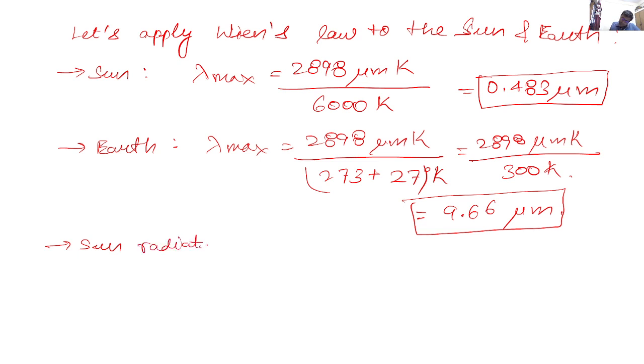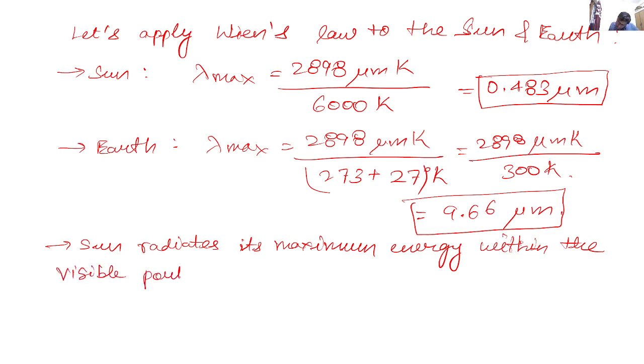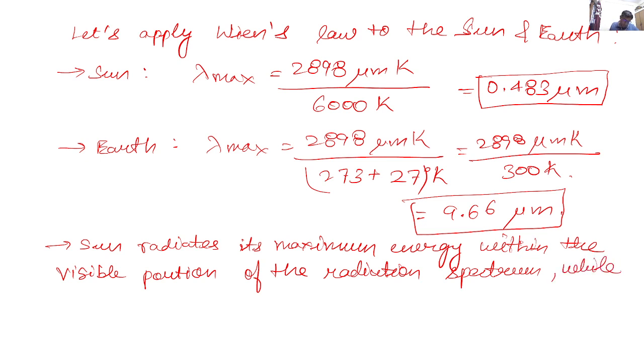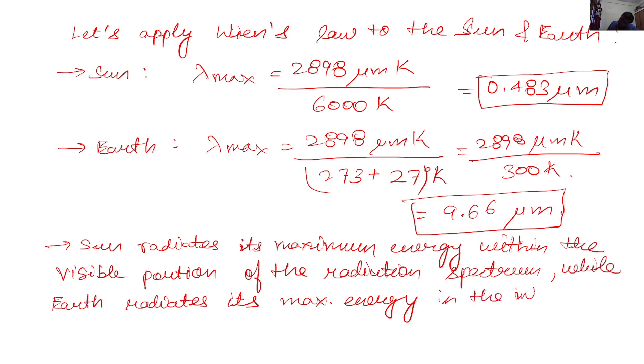Sun radiates its maximum energy within the visible portion of the radiation spectrum, while Earth radiates its maximum energy in the infrared portion of the spectrum.